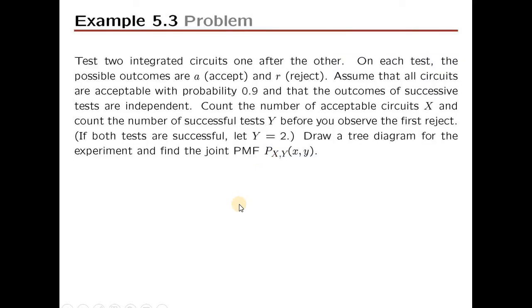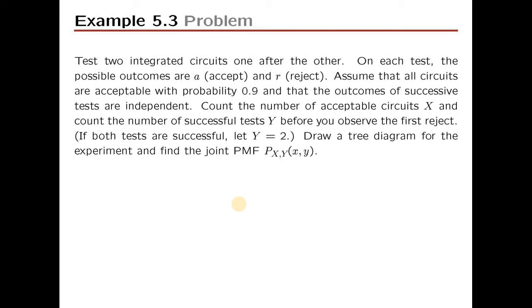Now let's consider this further in detail. Consider an example: you test two integrated circuits, one after the other. On each test, the possible outcomes are accept or reject. Assume that all circuits are acceptable with probability 0.9 and that the outcomes of the successive tests are independent.